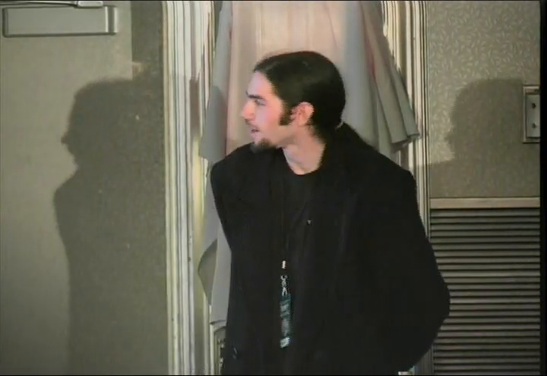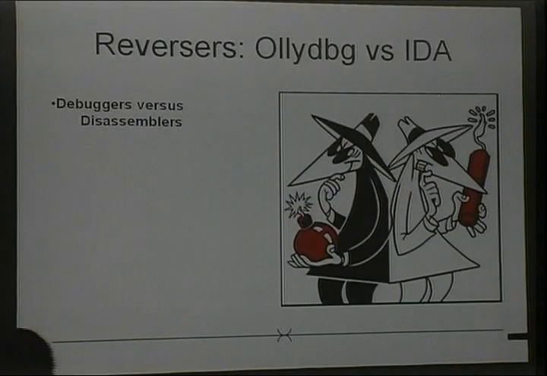Okay, to hop back into the computer side: OllyDbg versus IDA, IDA being Interactive Disassembler, OllyDbg being just Olly. First off, both of these are tools which take the hex that the processor and the computer see and recreate it into an arena that is easier for humans to understand.